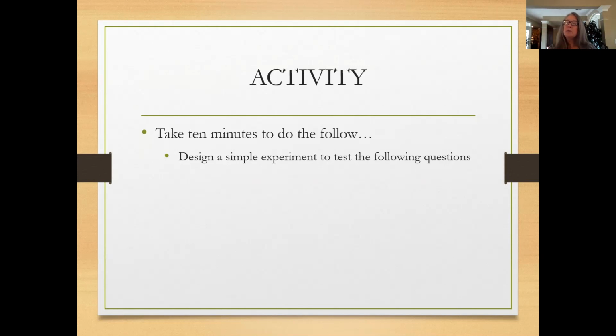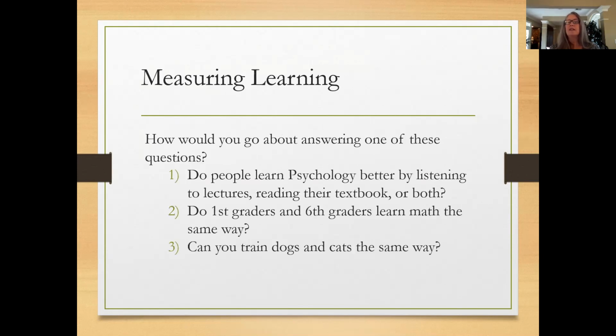And so to really bring this home, I'd like you to stop this video, and for the next 10 minutes or so, design a simple experiment. Try not to make it complex. You're going to need 3 of them. Design an experiment for each of the following questions.